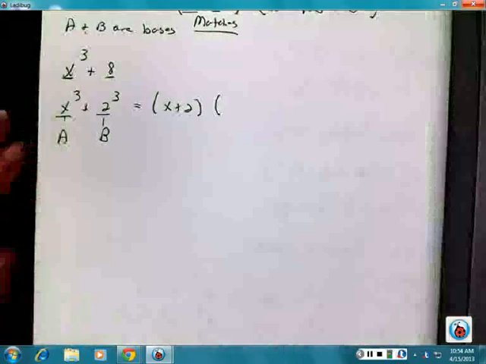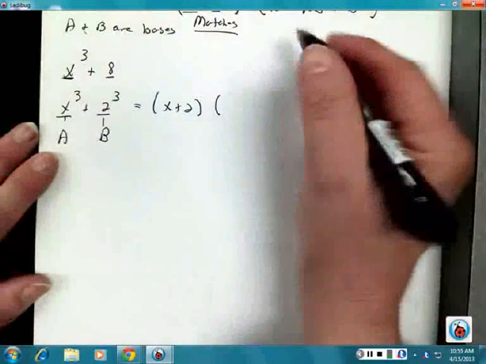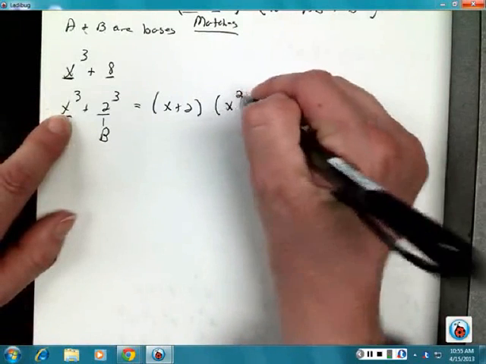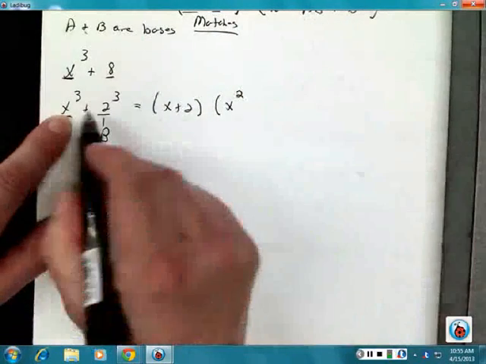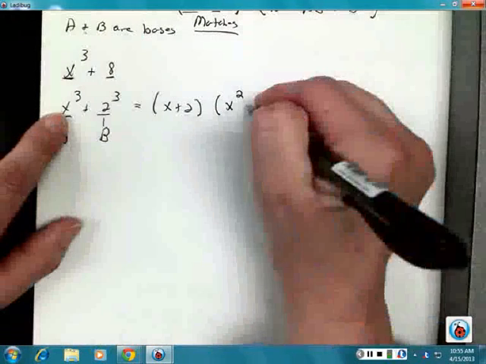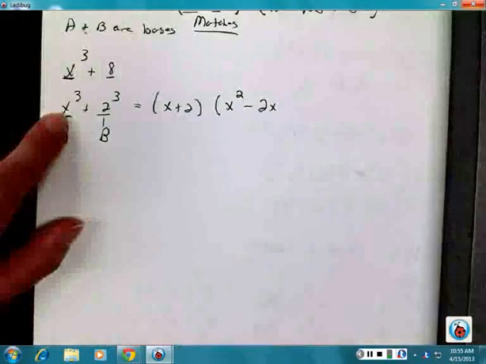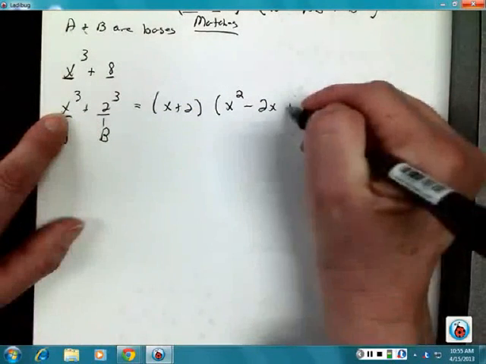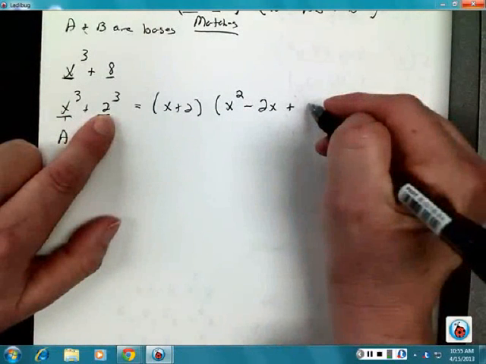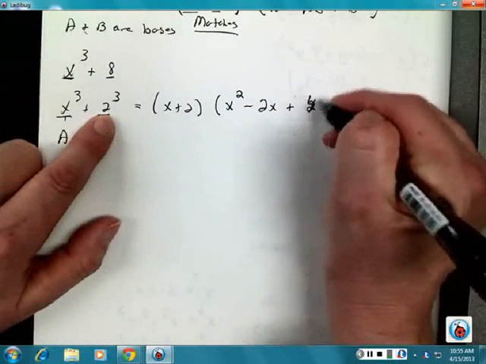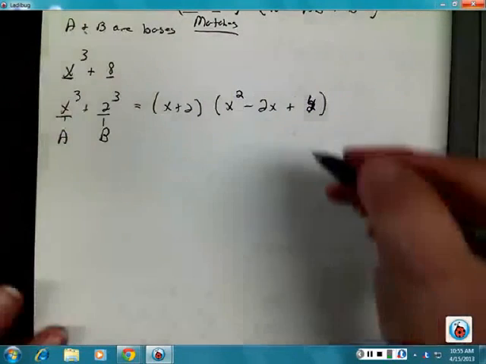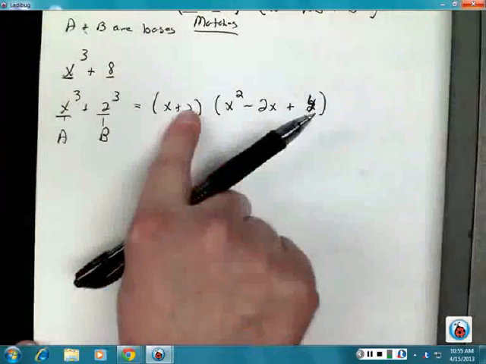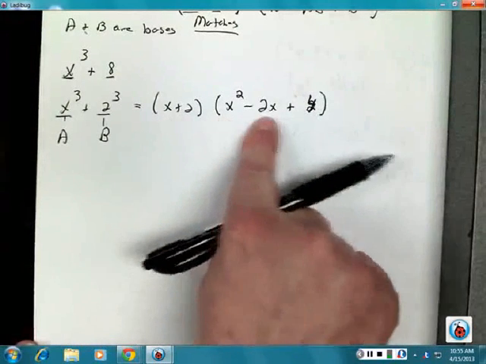Next to this, I take the a and square it, so x squared. a times b, x times 2, is 2x, and it's subtracted because it's the opposite sign of what I have in my cube. Finally, 2 squared is 4. Okay? So my answer is x plus 2 times x squared minus 2x plus 4.